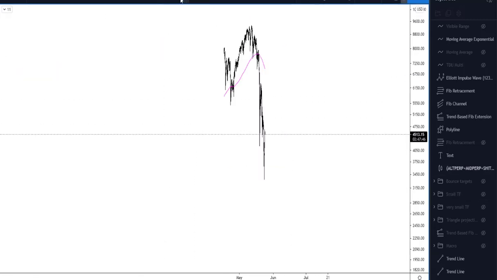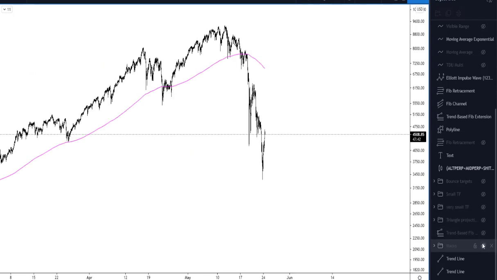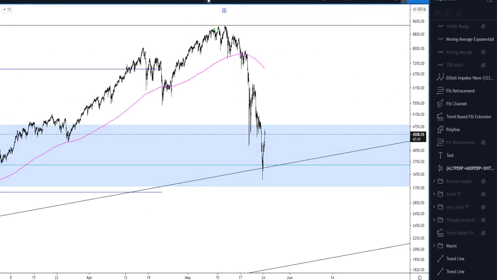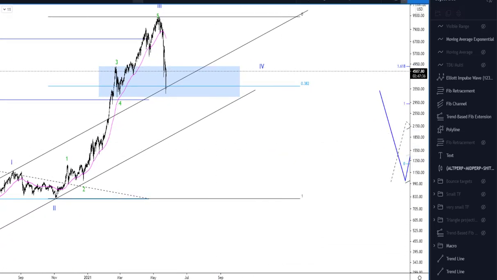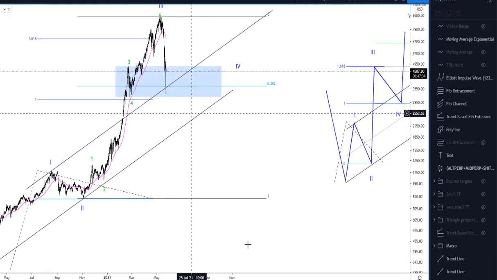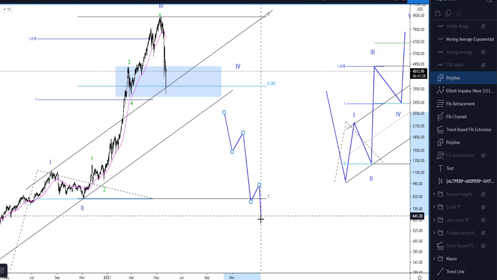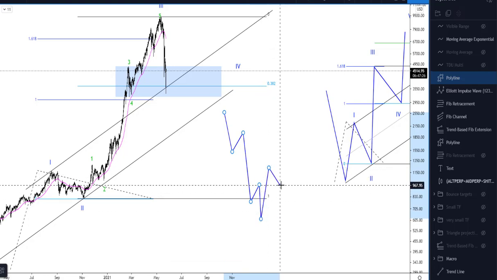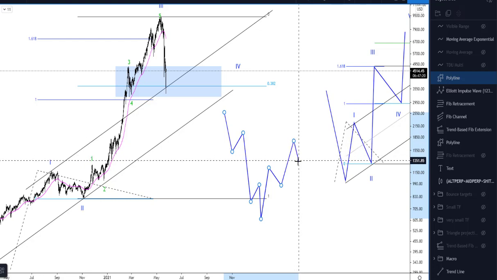And so now, when you have an impulse to the downside, you're gonna retrace. So you're gonna do this, right? 1, 2, 3, 4, 5 to the downside. A, B, C, up. 3 waves retracement, probably towards the 618 or something like this.